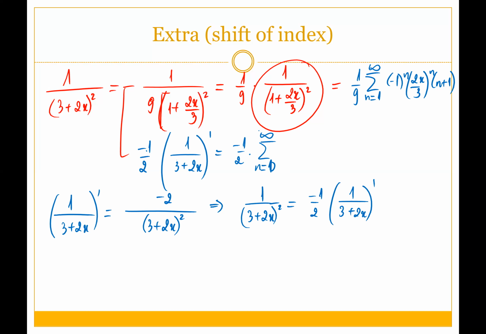Oh, okay, let me start it slowly. You're going to find a series representation of 1 over 3 plus 2x, and then you take the derivative of that, which gives you negative 1 to the n, 2x over 3 to the n.